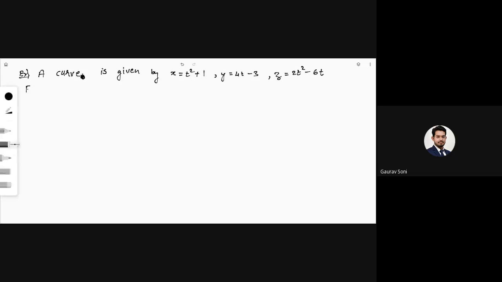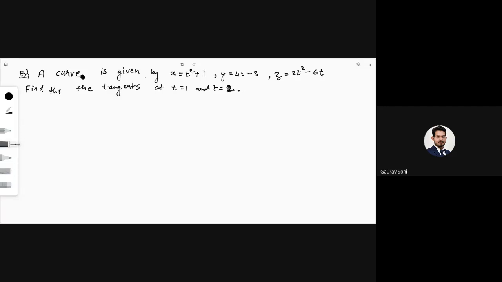Find the tangents at t is equal to 1 and t is equal to 2.